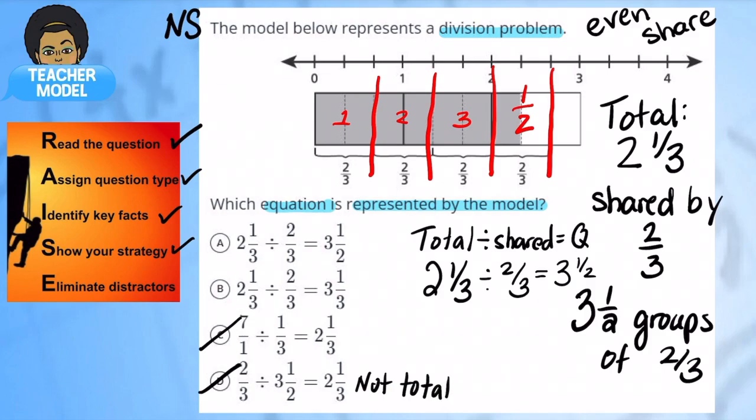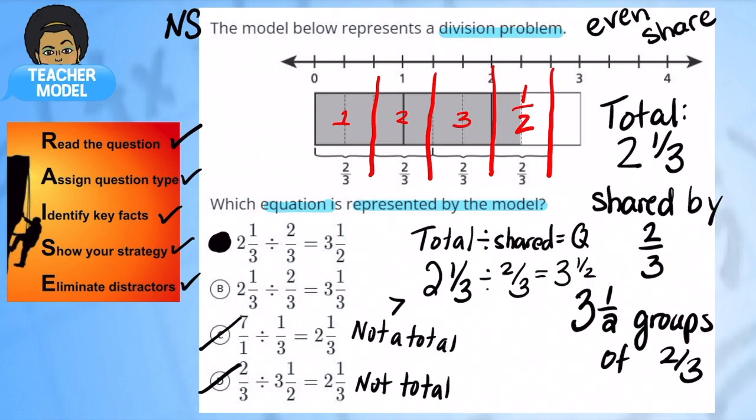The 7 ones didn't make sense because this was only 7 pieces. The 7 was not a total. The 2/3 was not the total. And now I just have to choose between my last two, the 2 1/3 divided by 2/3, which one has the correct quotient at the end, and that one is A. So this is the answer that makes the most sense.